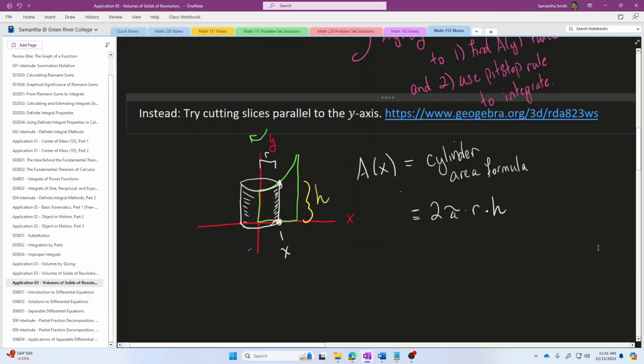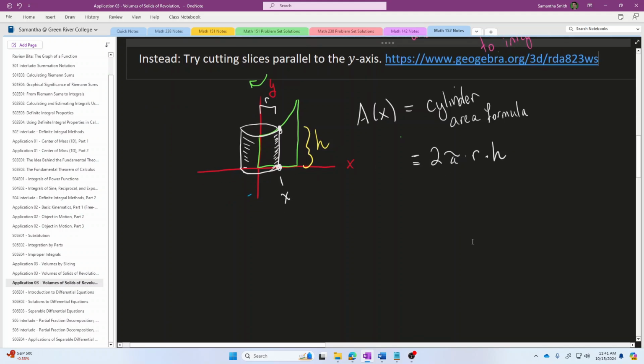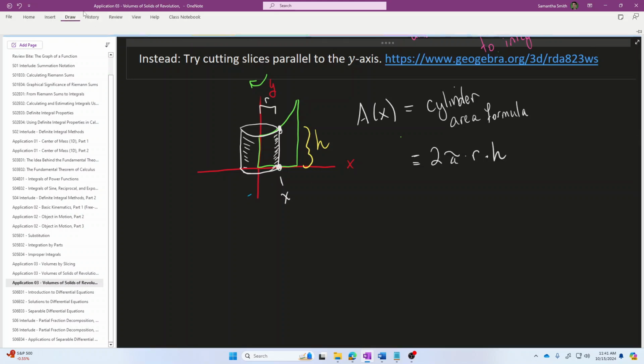Now that we have done that, let's go ahead and try and figure out what function we could use for the area of these cylinder-shaped slices, and specifically what would form the radius and what would form the height of a cylinder taken at a random x value between, in our case, x equals 0 and x equals 1.